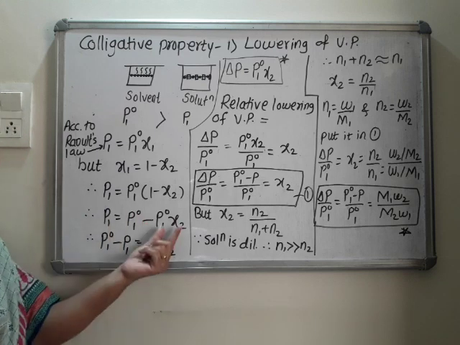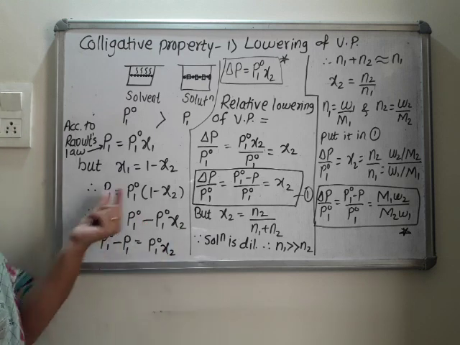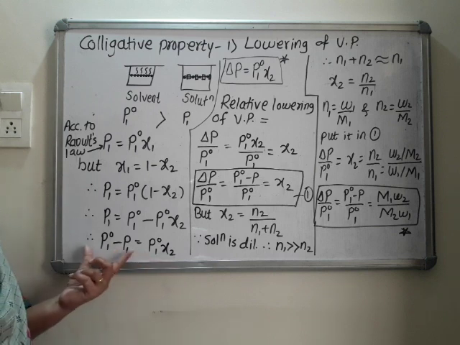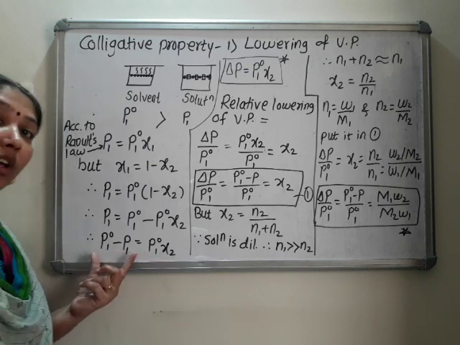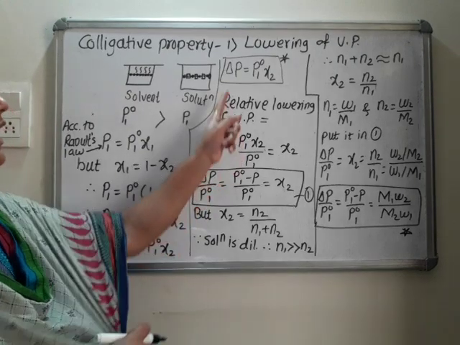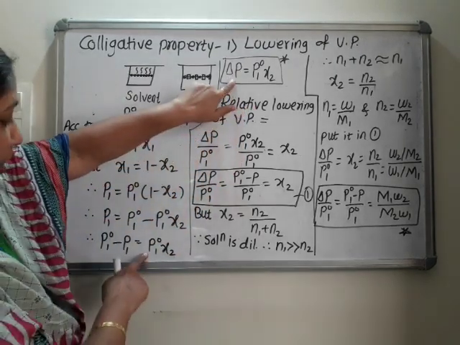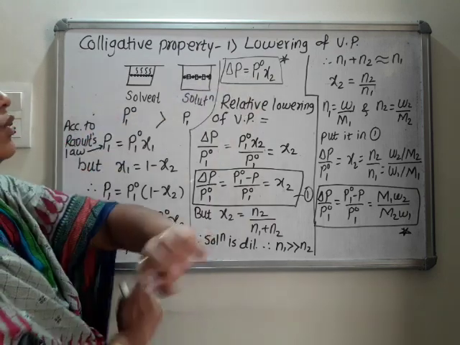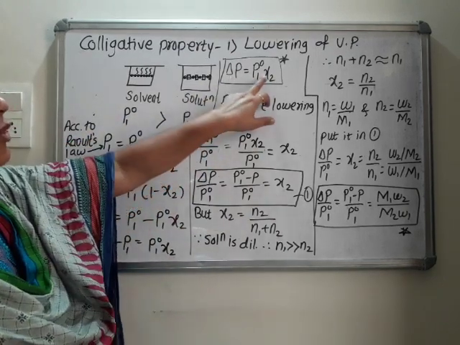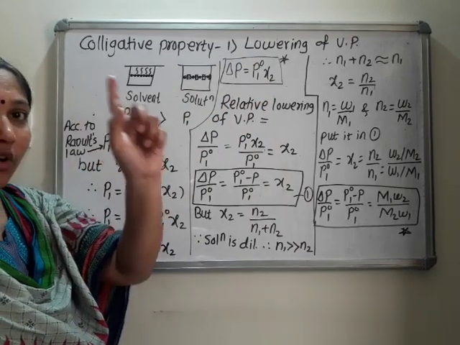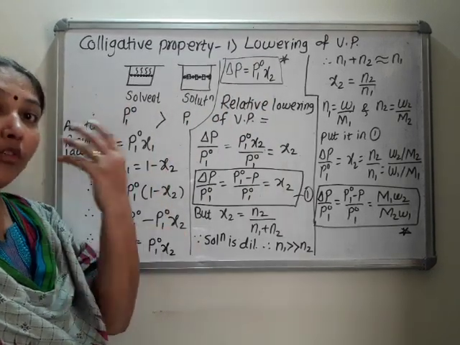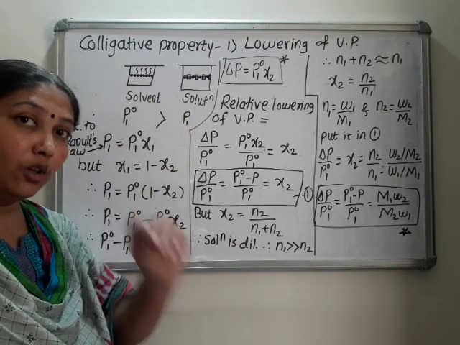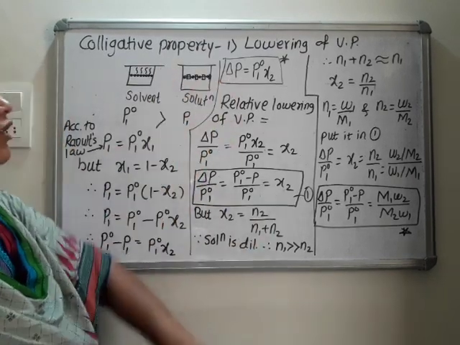Shift the P01 X2 term here, so P1 goes there. So P01 minus P is equal to P01 X2. This is nothing but lowering of vapor pressure, noted as delta P. So delta P is P01 X2. It means delta P is proportional to mole fraction of solute. The more moles of solute in the solution, the more the decrease in the vapor pressure.